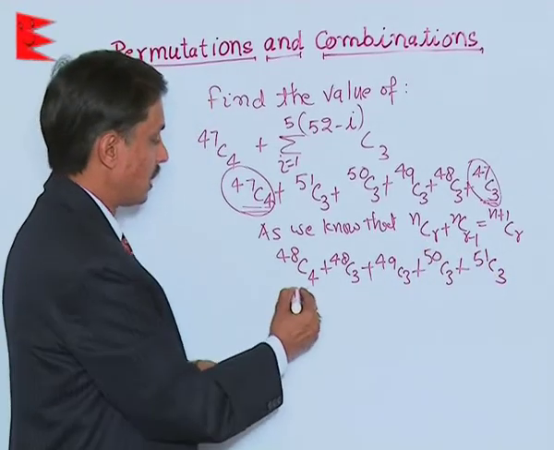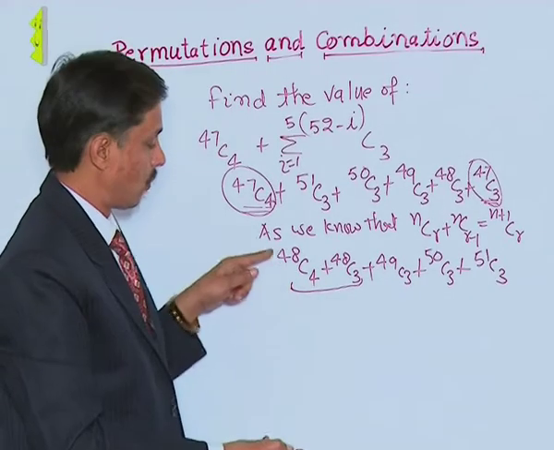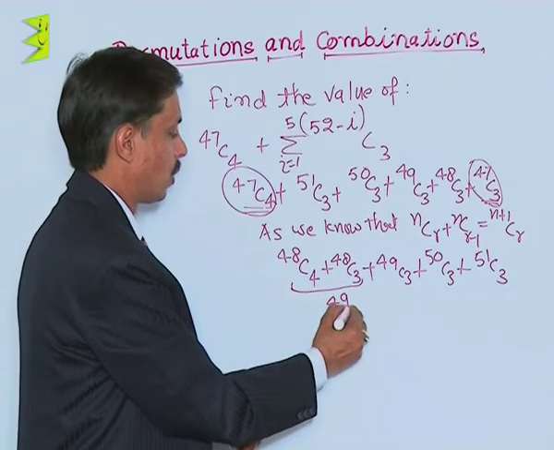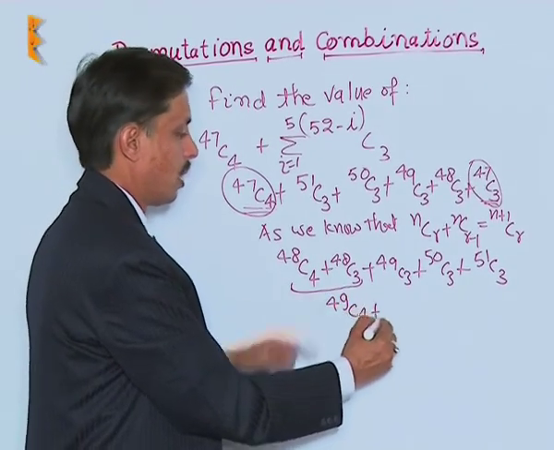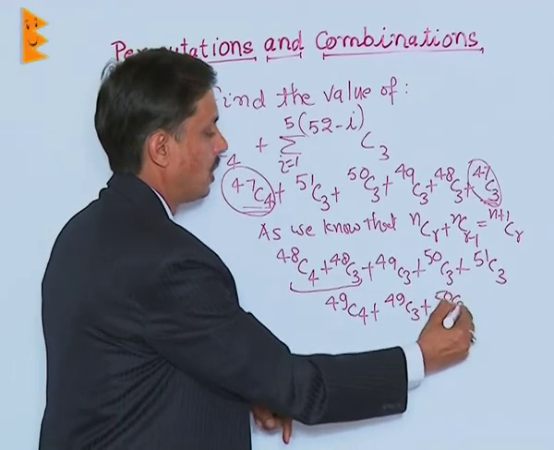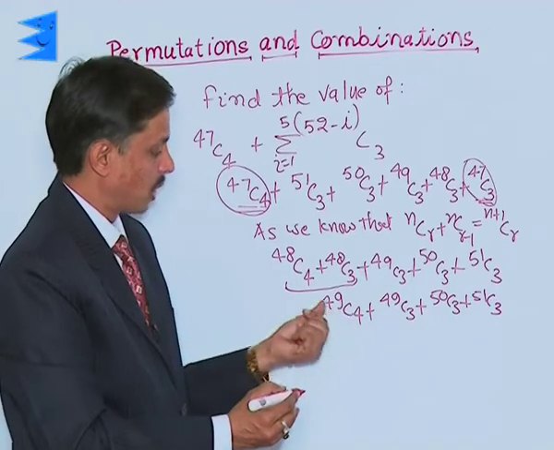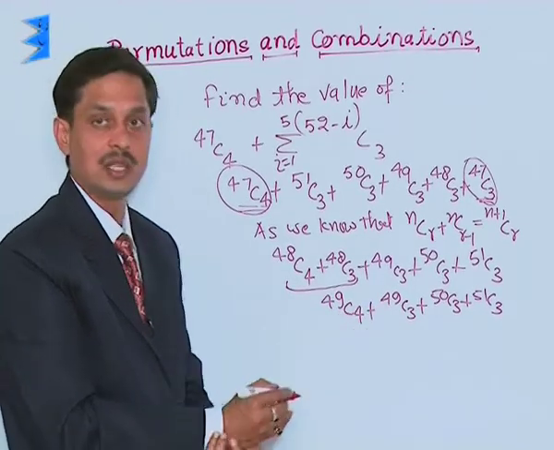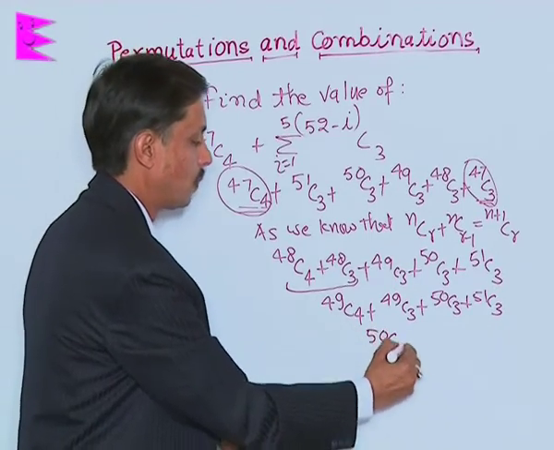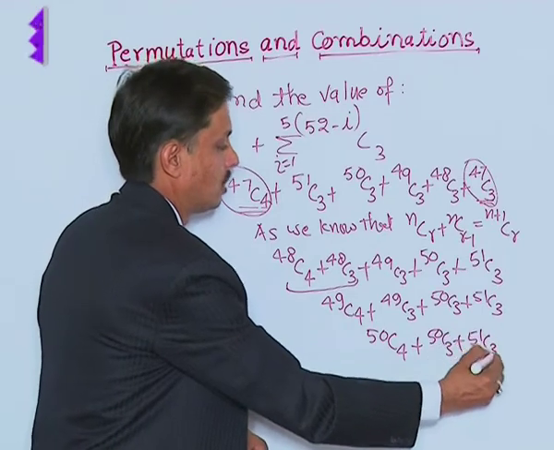It's very clear the same formula can be used on the first and second terms. 48C4 plus 48C3 gives us 49C4 plus 49C3 plus 50C3 plus 51C3. Using the same result on 49C4 plus 49C3, I will get 50C4 plus 50C3 plus 51C3.